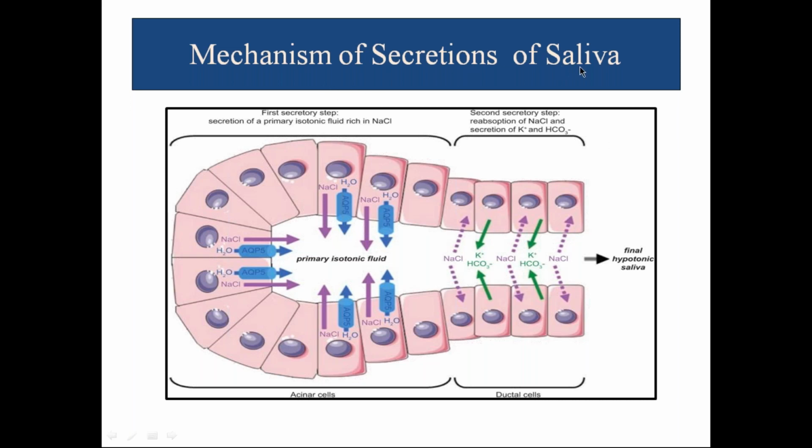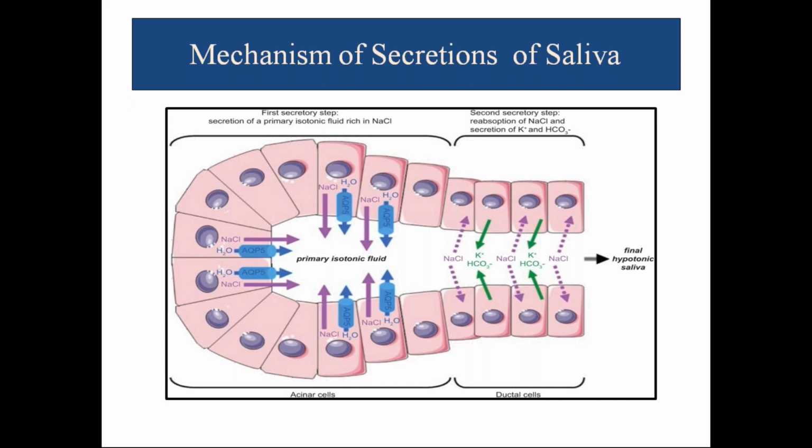Okay, so what is the mechanism of secretion of saliva? Here you can see the first step in the secretion, how the primary secretion occurs. These are the acinar cells. In the acinar cells, there would be secretion of sodium ions and chloride ions, and there would be reabsorption of the potassium ion.